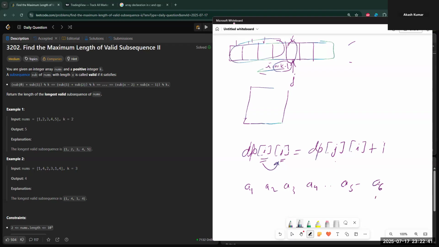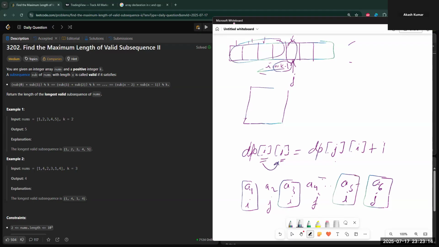If this is the current j and this is i, then the previous modulo value will be j only, and before that i only, j only, i only. That means alternate modulus values are the same. So if the current value's modulus is j, the previous modulus value is i.